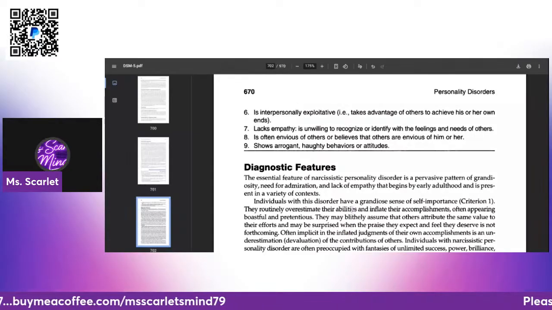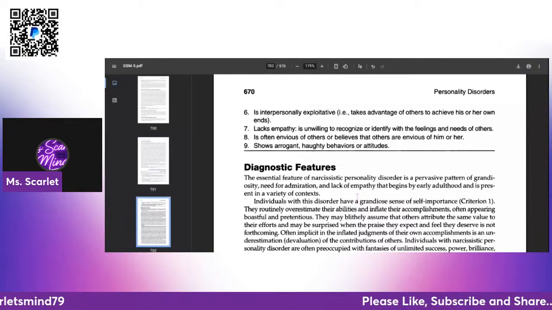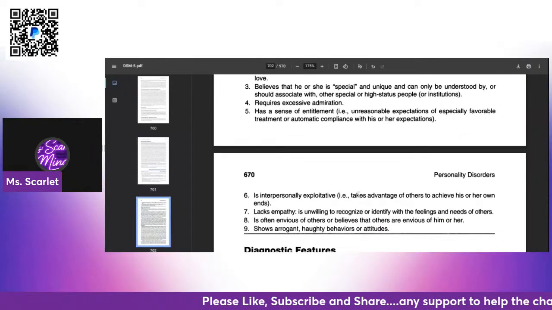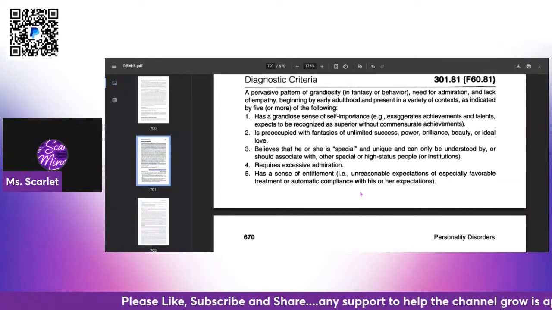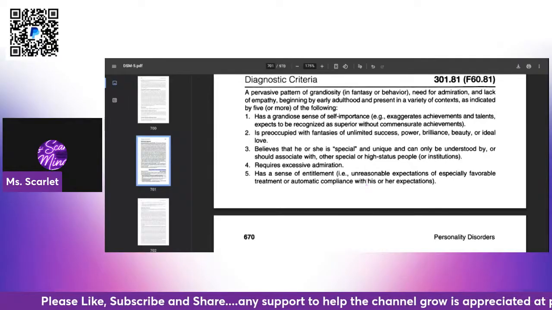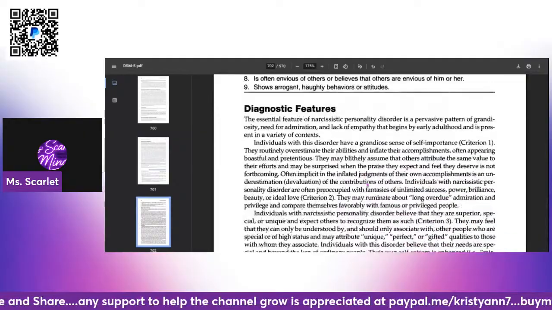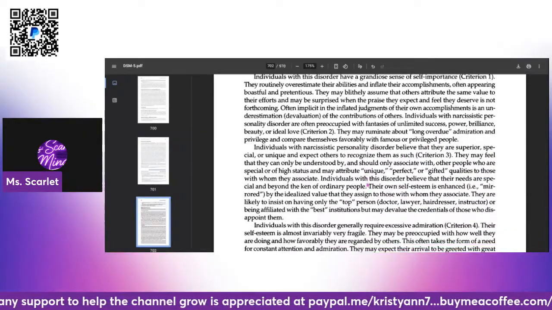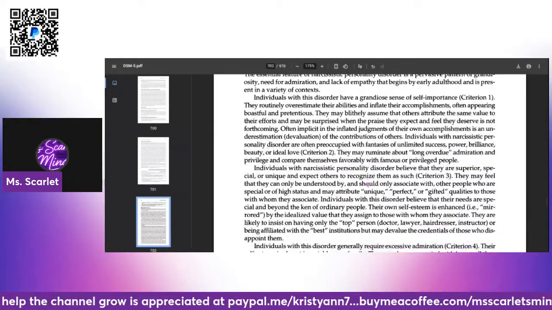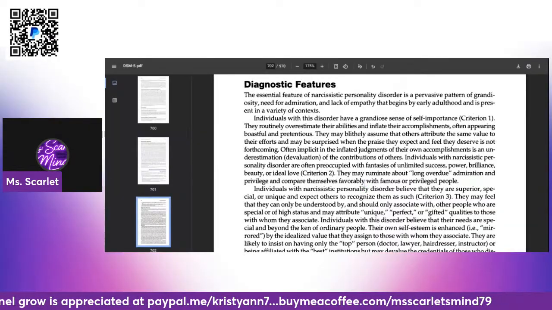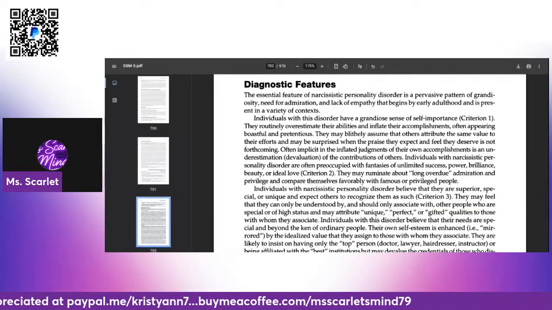Now, remember what I said in the beginning. What constitutes an actual diagnosis or an actual personality disorder? I'm sure that we know lots of people that fit this kind of stuff sometimes or in certain situations. But it has to be, as we went over, an ongoing pattern of behavior.